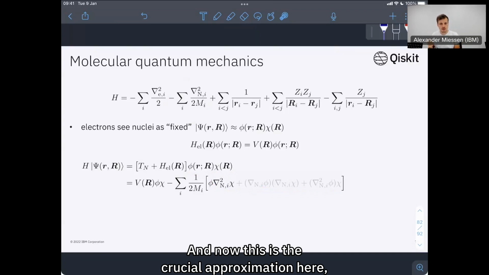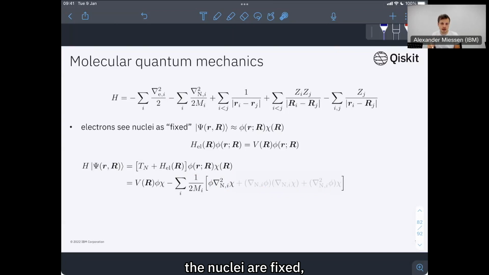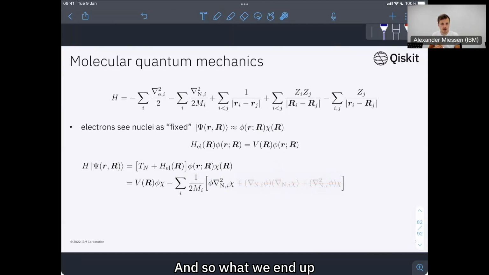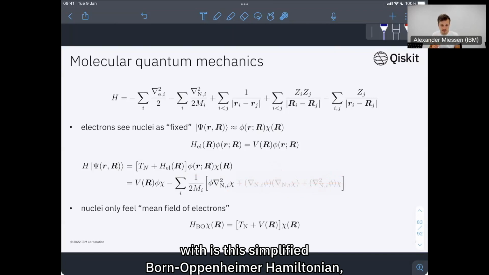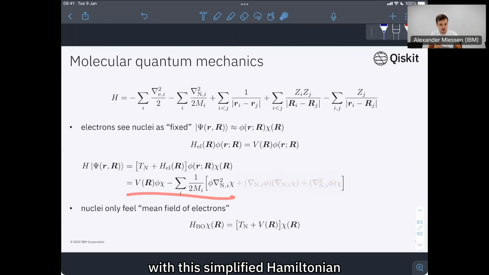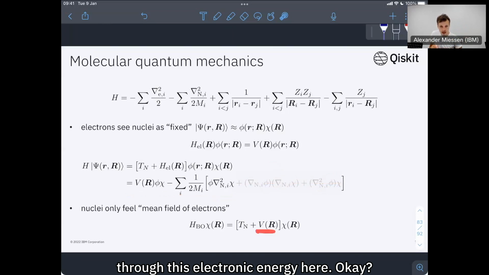And now this is the crucial approximation here, because by saying that in the Born-Oppenheimer approximation the nuclei are fixed, this means we neglect these terms entirely, okay? And so what we end up with is the simplified Born-Oppenheimer Hamiltonian, where the nuclear wave function is now solved with this simplified Hamiltonian, and the nuclei only see the mean field of electrons through this electronic energy here, okay?